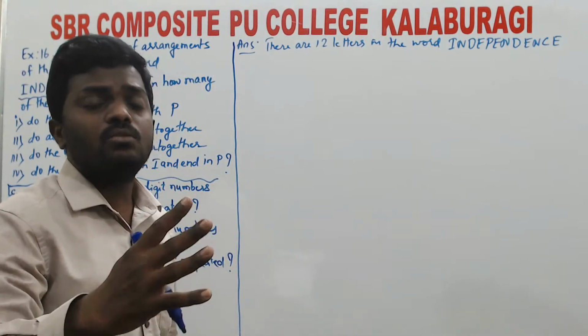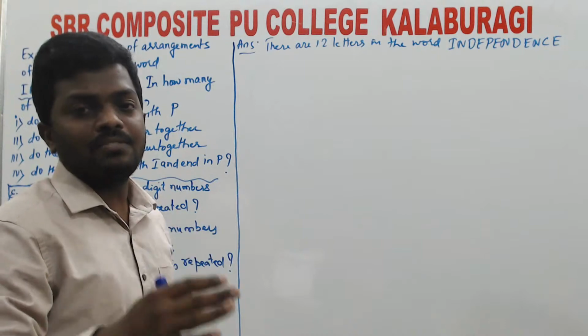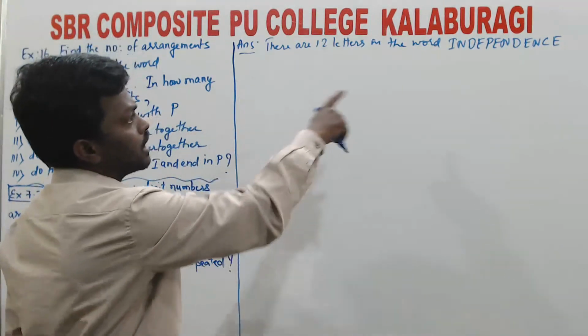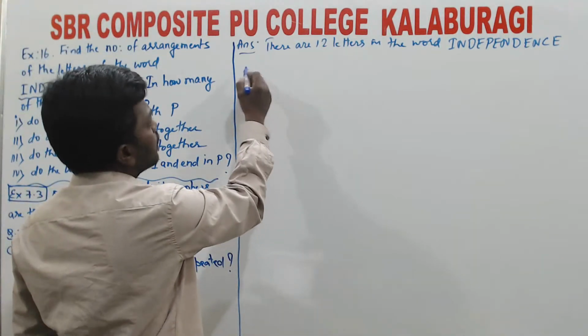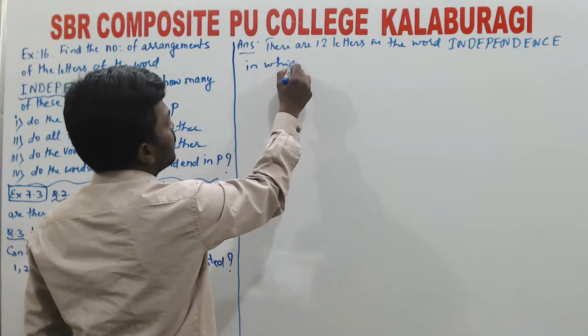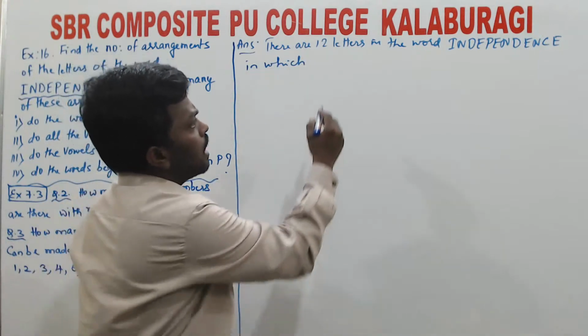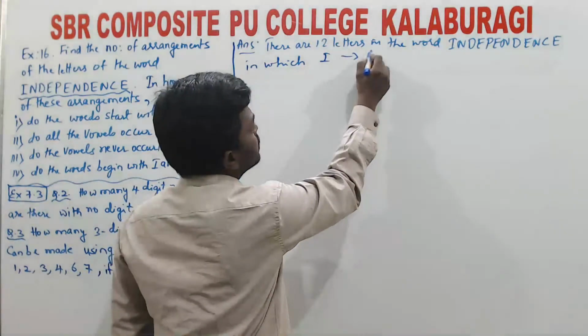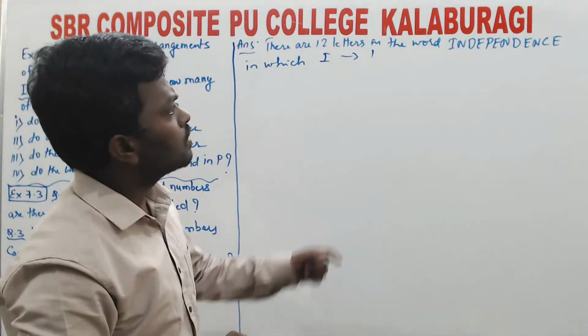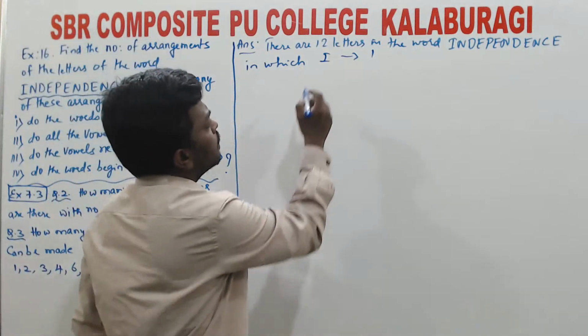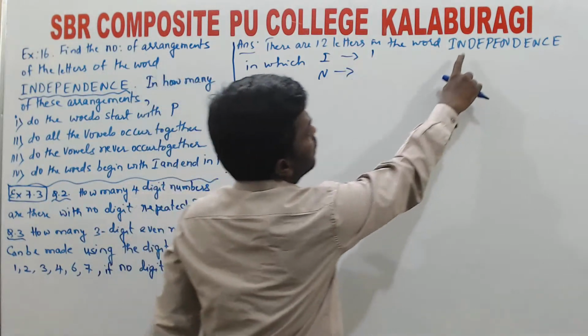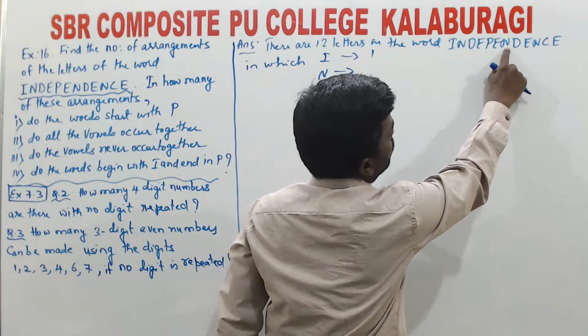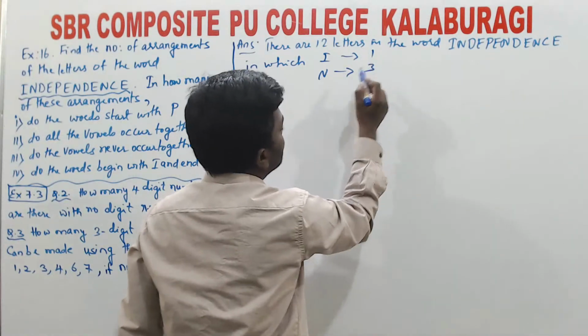If they were distinct, we would use the nPr formula, n factorial by n minus r factorial, but since they are not distinct, let's see how many times each letter occurs. I occurs only one time, so there is no group of I. N occurs 3 times.